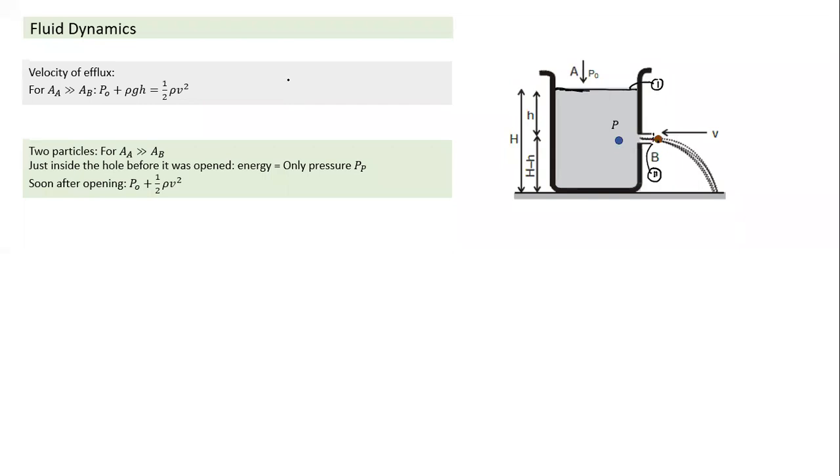If I write the equation of continuity, A_A into v1 has to be equal to A_B into v2. If A_A is very large, v1 will be very small compared to v2.